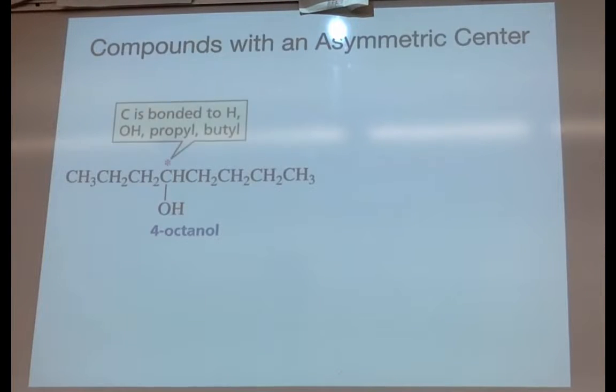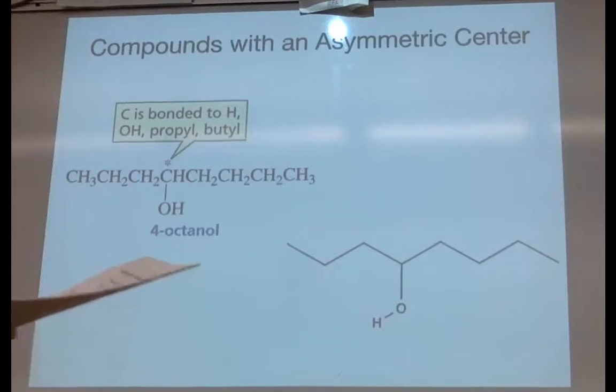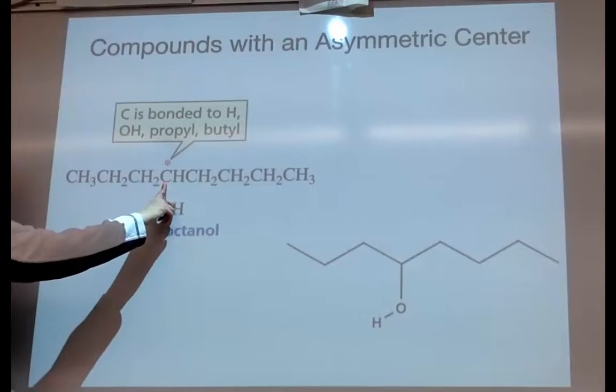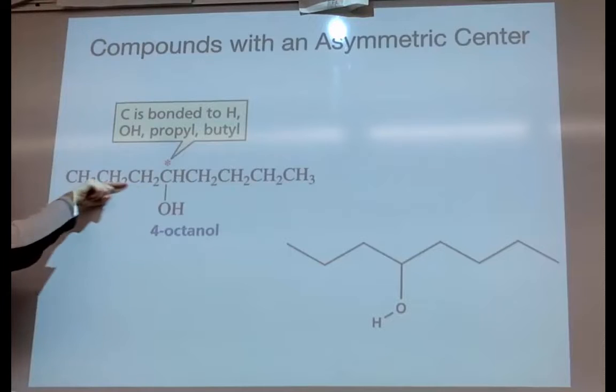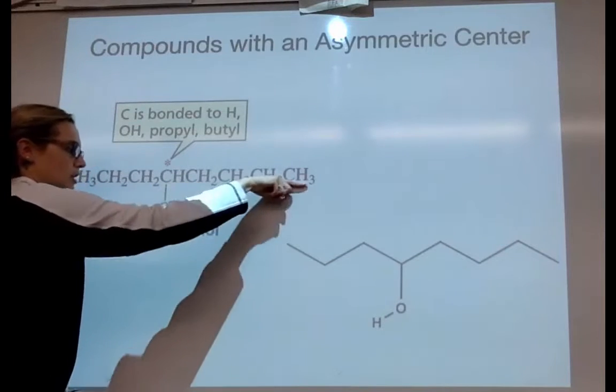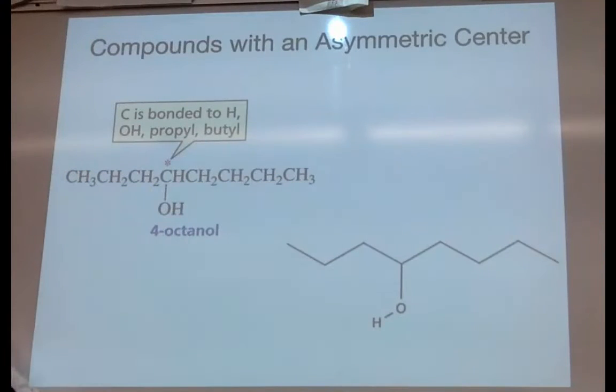And so just to show some other asymmetric centers or chiral centers, you're just looking at what it is attached to. So this carbon, you have it attached to a 3-carbon chain over here, a 4-carbon chain, an OH, and an H. 4 different groups gives us a chiral center. And if you say, what's the importance of a chiral center?